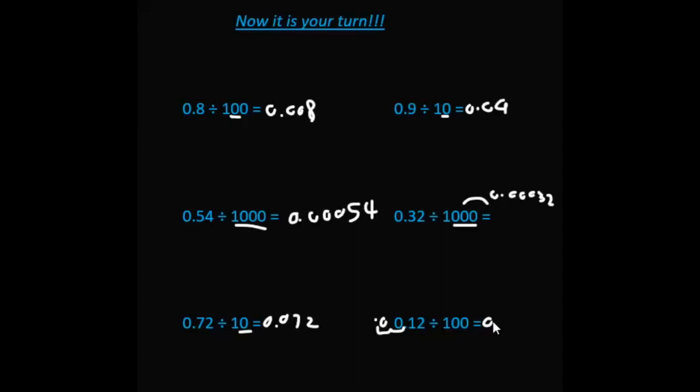So we get an answer of 0.0012. Let me erase all of these extra lines of work so you guys can easily see the answers. These are the answers for these 6 problems.